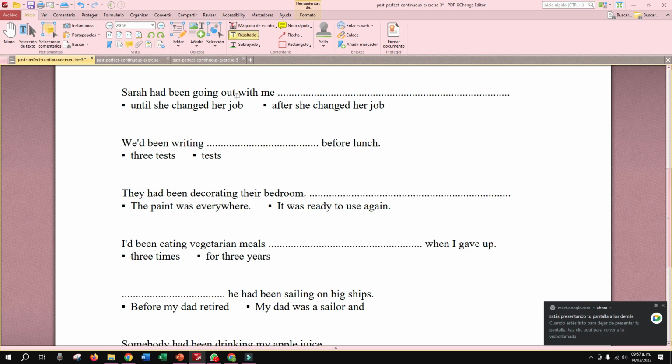I guess that will be the first one because it says Sarah had been going out, right? Until is a specific word. Until she changed her job. He couldn't do that action again because she changed her job, right? So Sarah had been going out with me until she changed her job. That would be the answer.